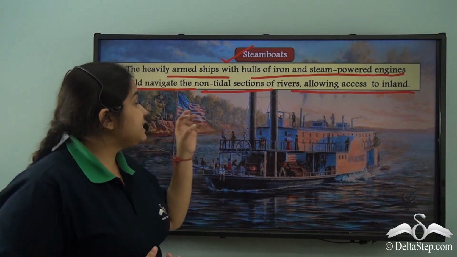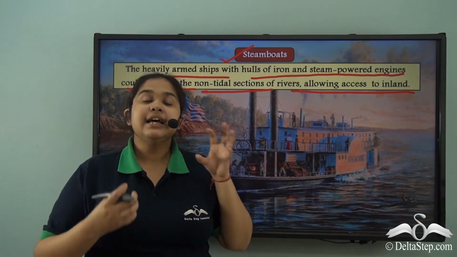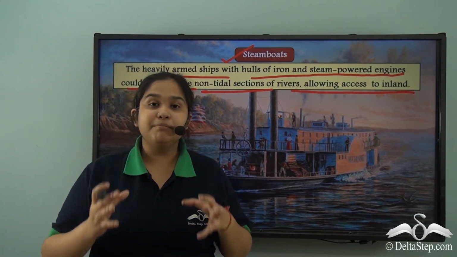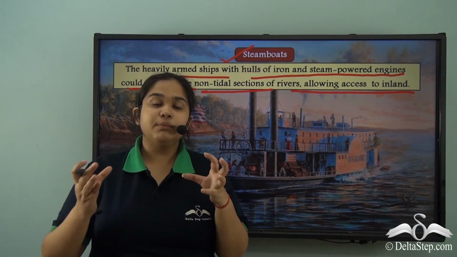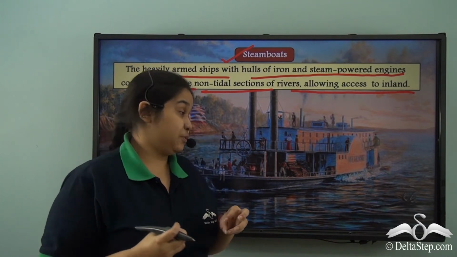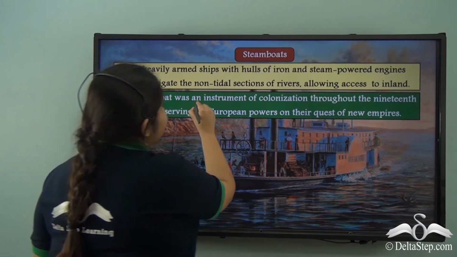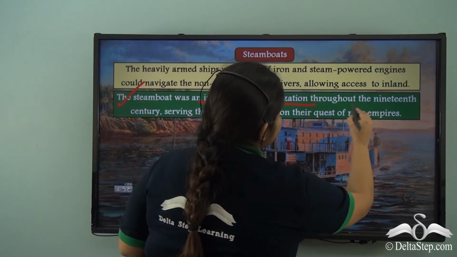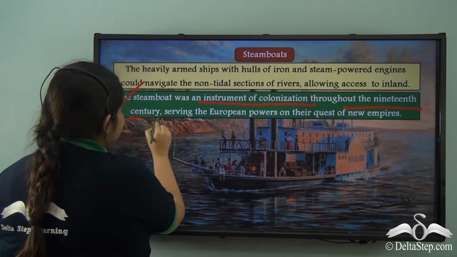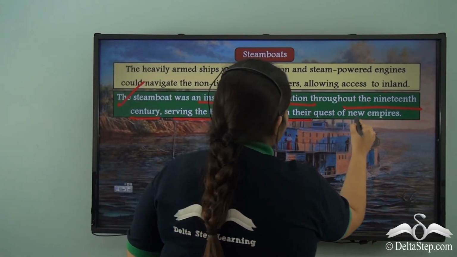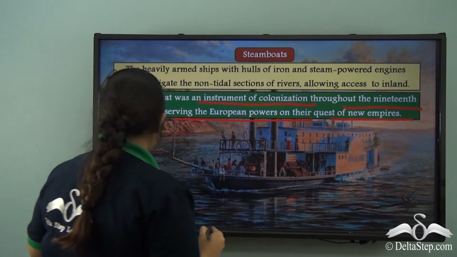So these steamboats acted as the carriers of the imperialistic notions of the colonizers as well. We see that the steamboat was therefore an instrument of colonization throughout the 19th century, serving the European powers in their quest for new empires.